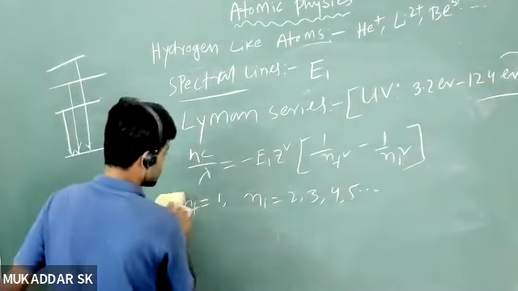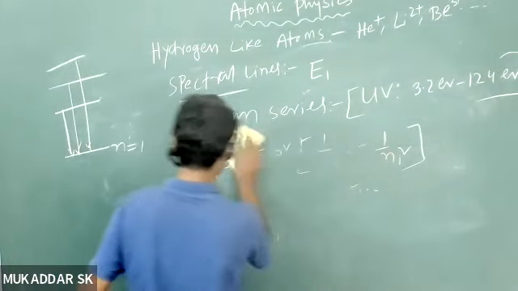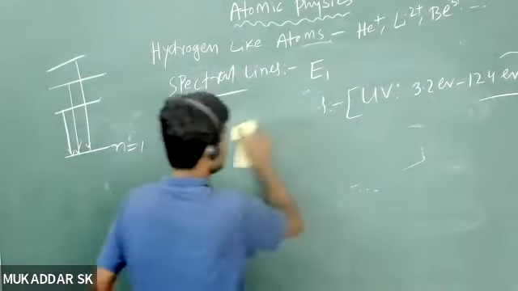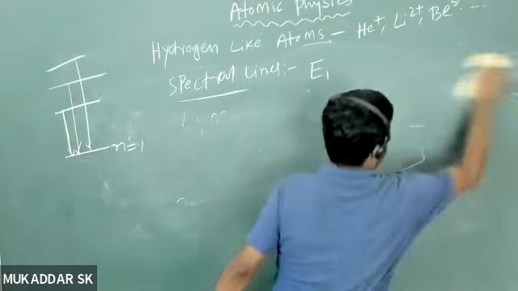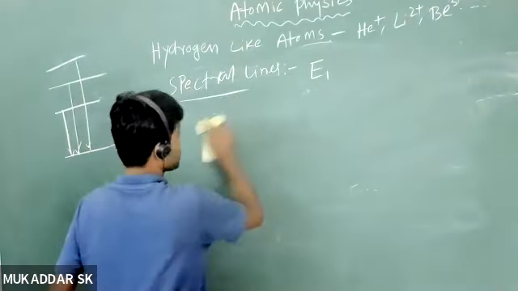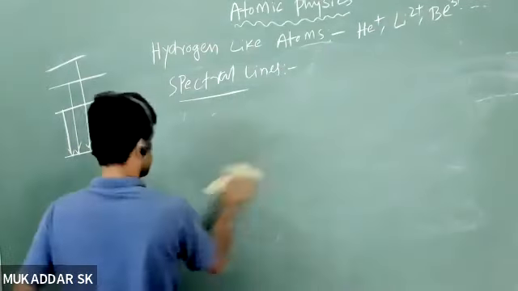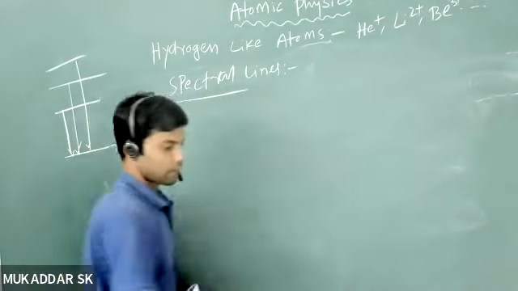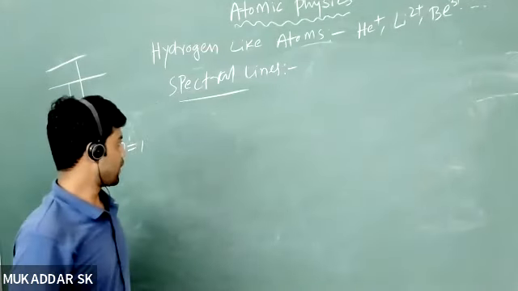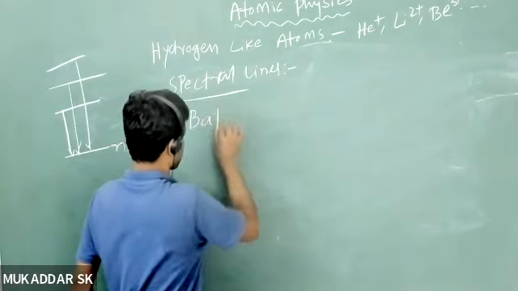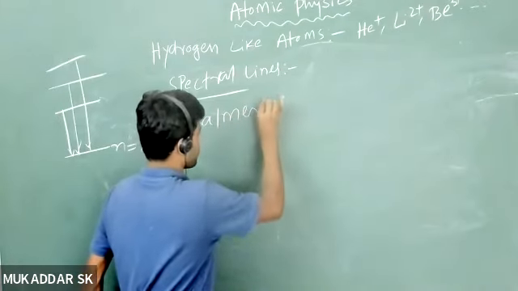Now we'll go to the Balmer series. What is the Balmer series? Where NF is equal to 2. Then what about Ni? It can be 3, 4, 5.